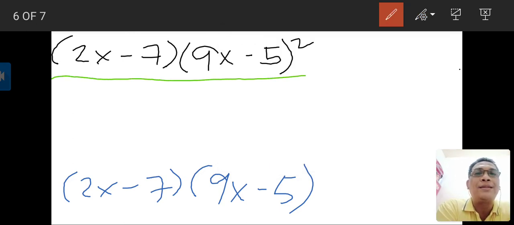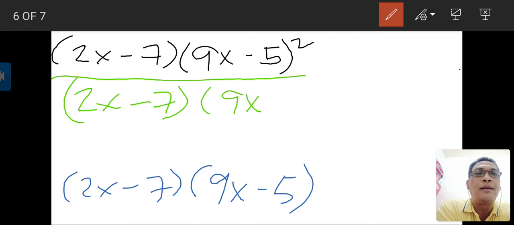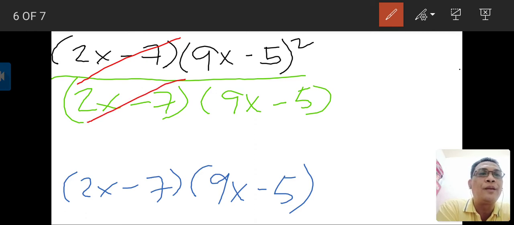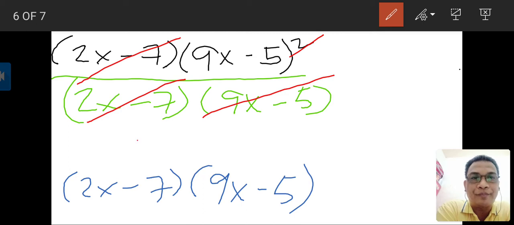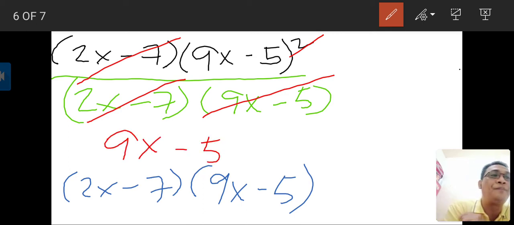So that is divided by 2x minus 7 and 9x minus 5. So this will be cancelled out, and that will be cancelled out. So what we have here is 9x minus 5.